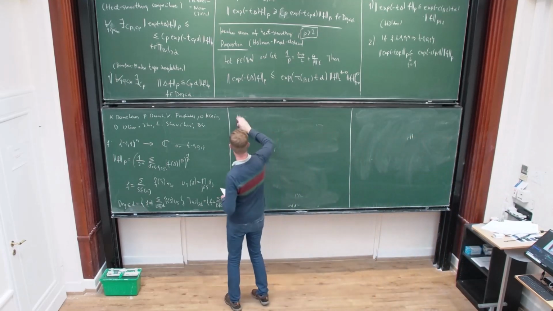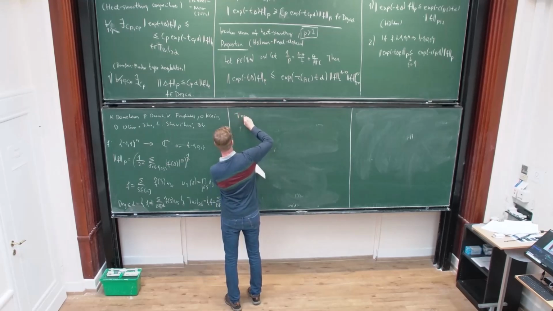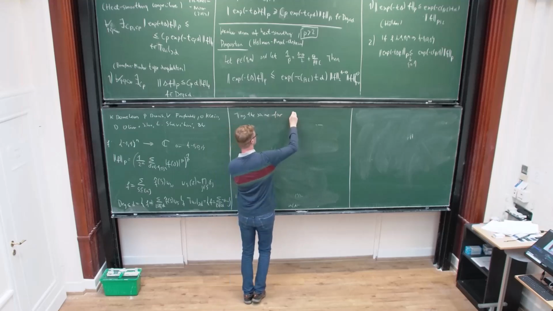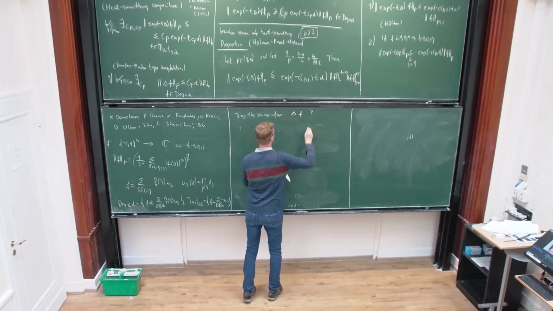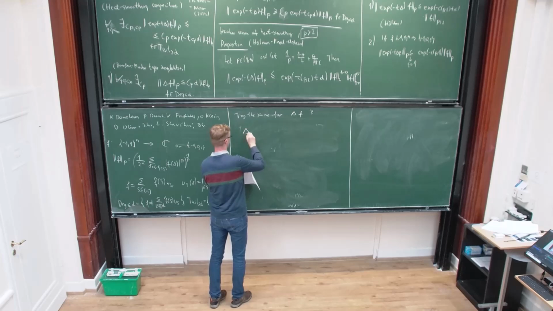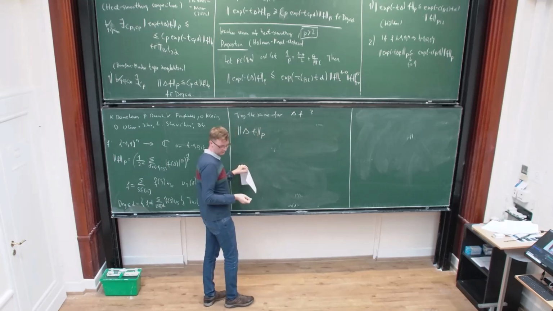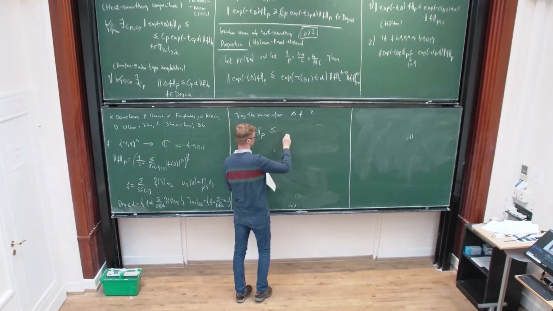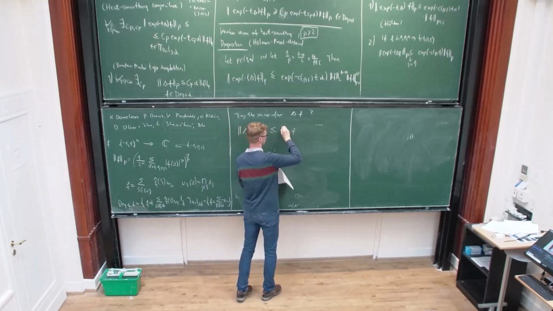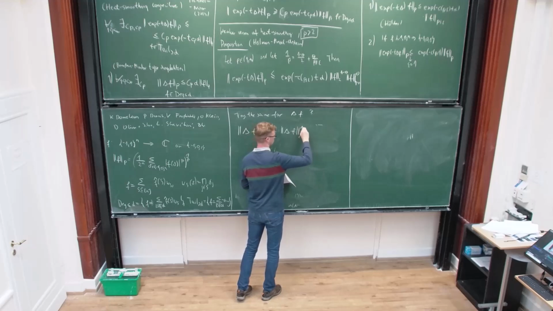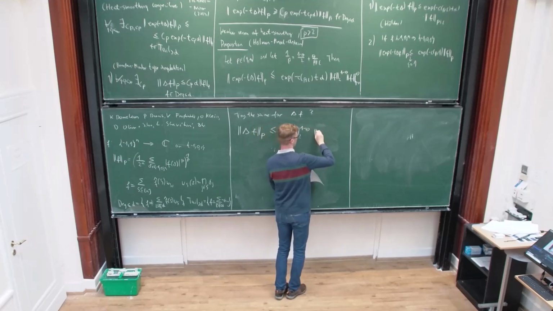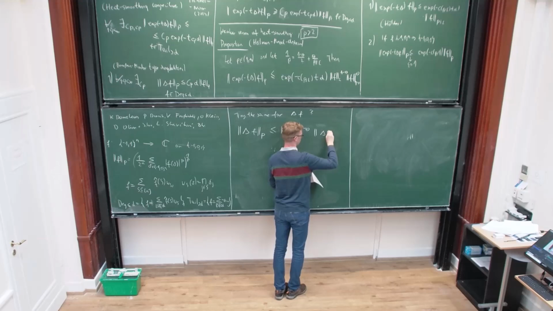So what happens? We just have delta F in the LP norm, and I apply Hölder. If I apply Hölder, I have delta F here and delta F.